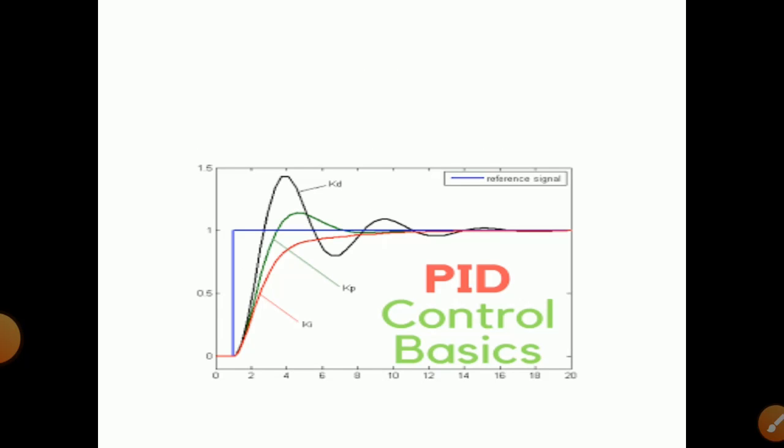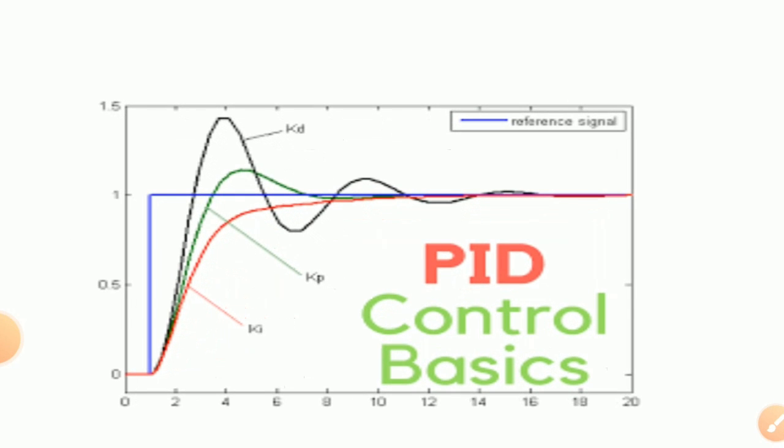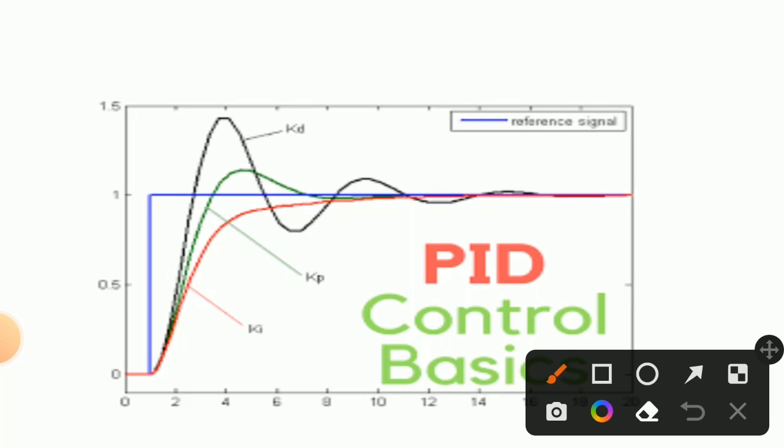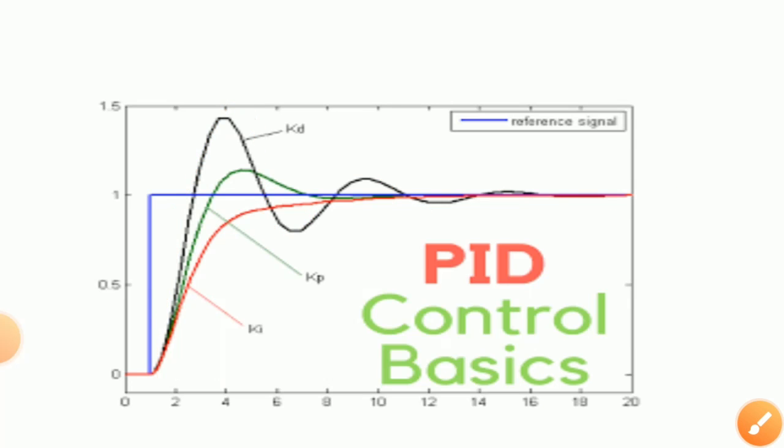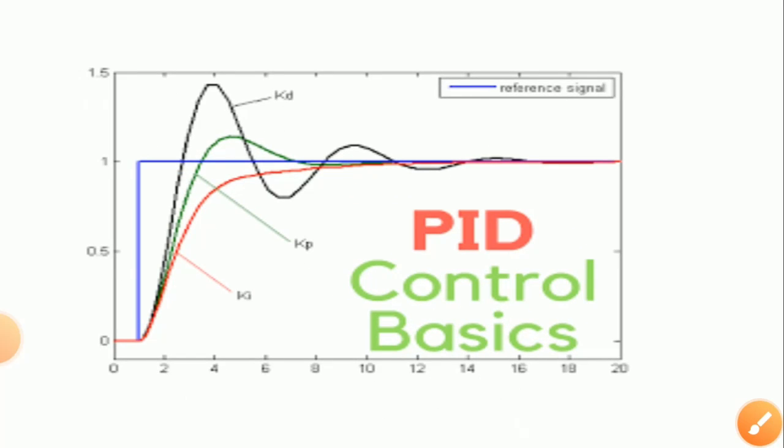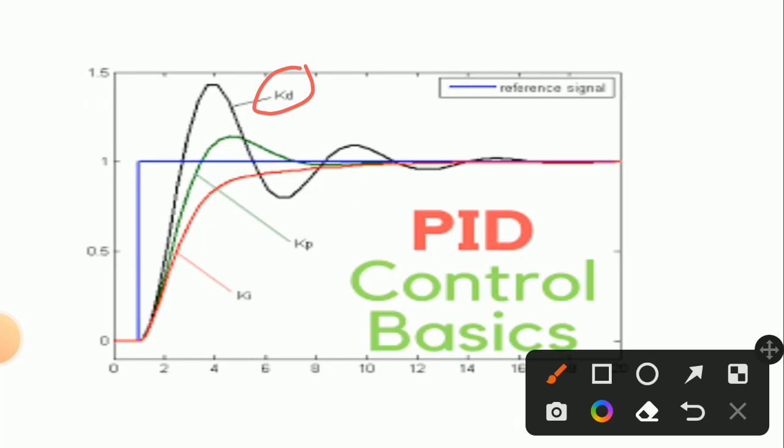Usually these are the outputs of Kp, Ki and Kd, that is proportional, integral and derivative. Suppose you are using only a D type controller, at that time you will get such an output. In Kd, some peaks are observed, and after some peaks or oscillations you will get your output signal as controlled.